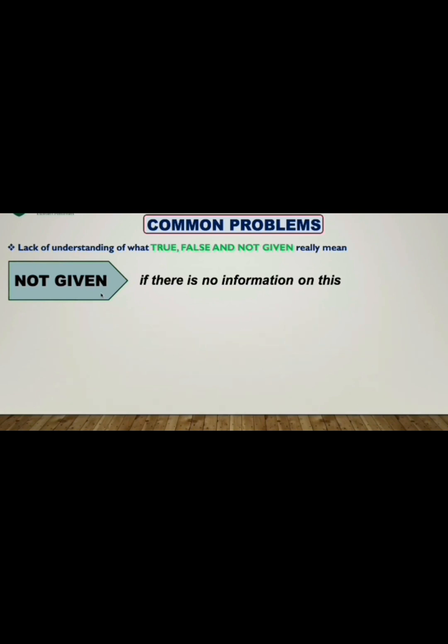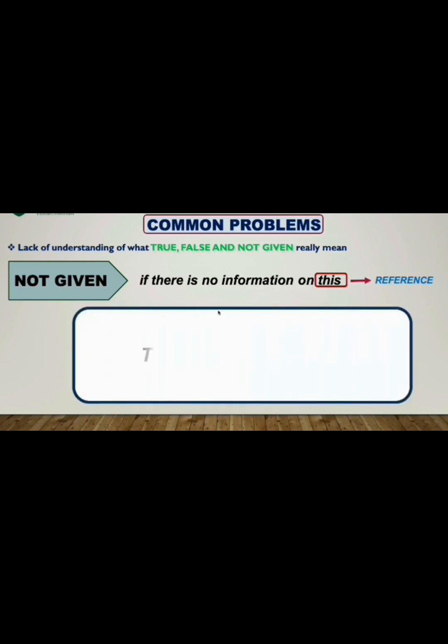The way to understand not given is to look at this word here, this. This is a reference. And what is it referring to? It says if there is no information on this, on what? The arguable message. And we're paying attention to the message. Anytime you want to get a not given option, you have to look at the arguable message.